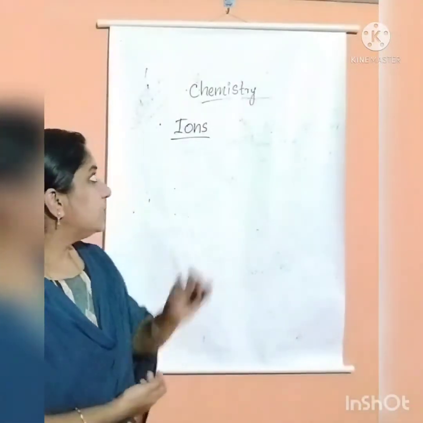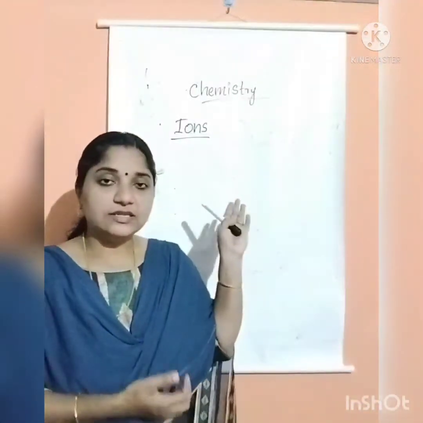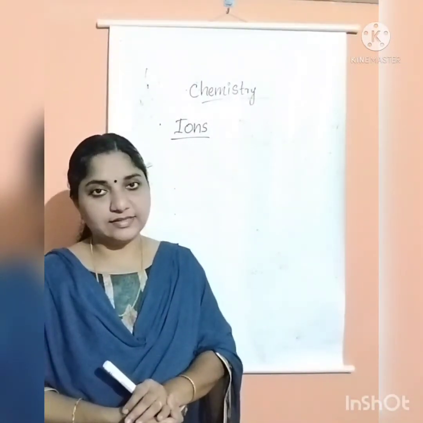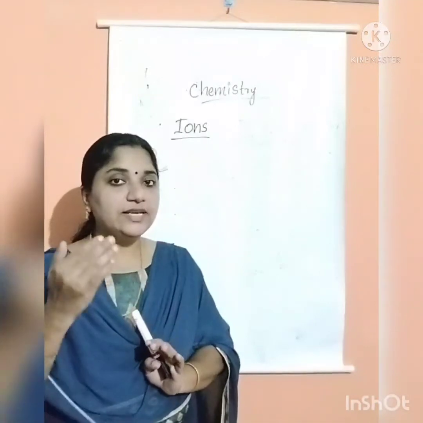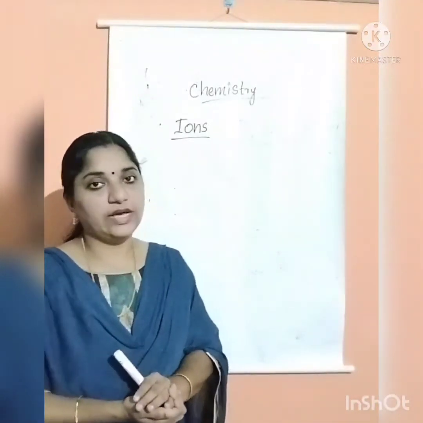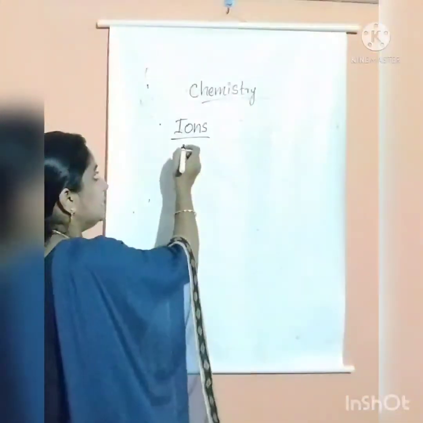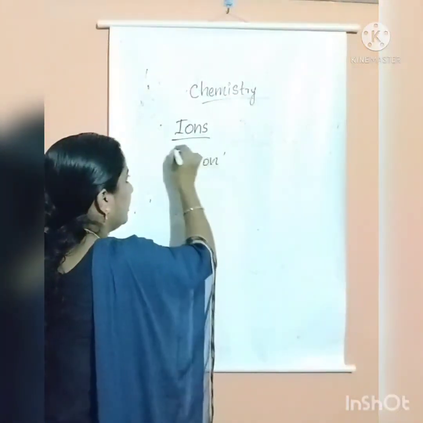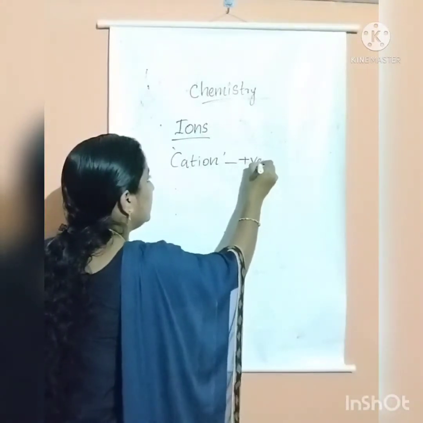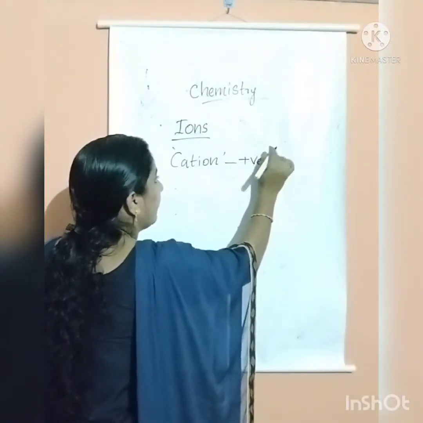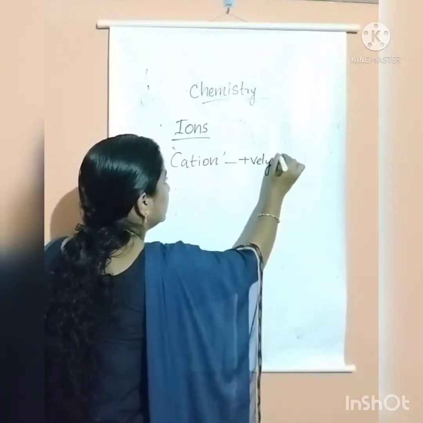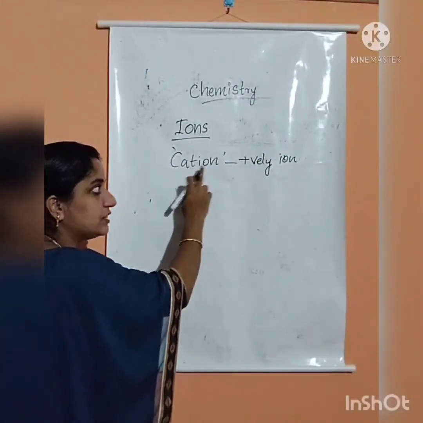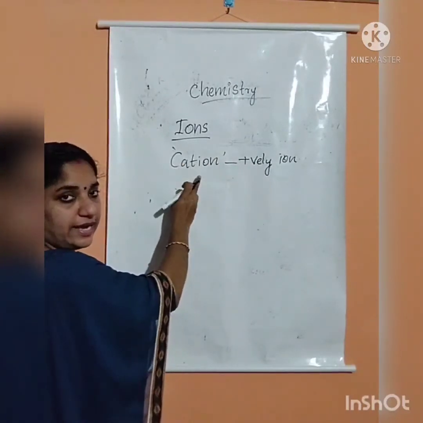It may be that the charged species are positive or negative charges. Positively charged ions, positive charged species, are known as cations.